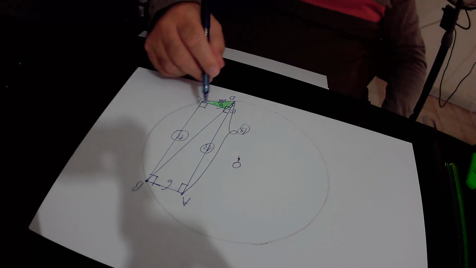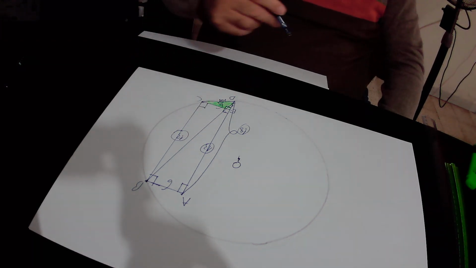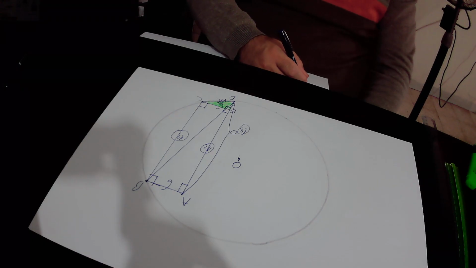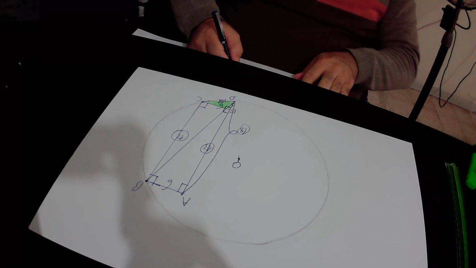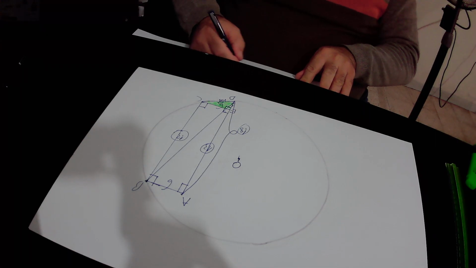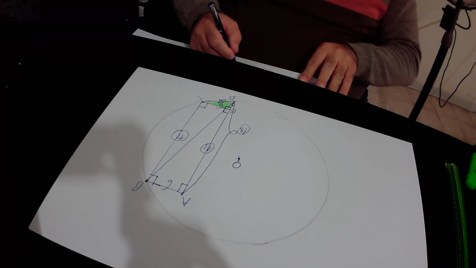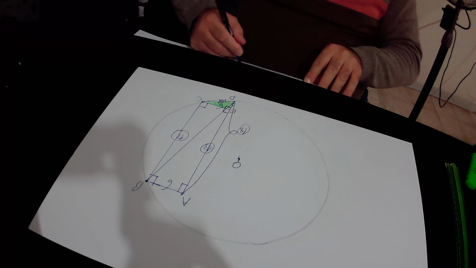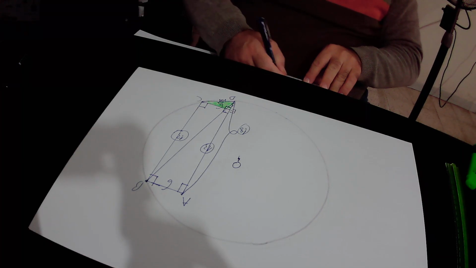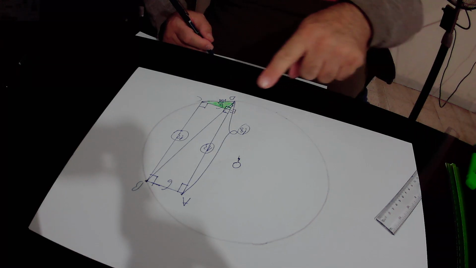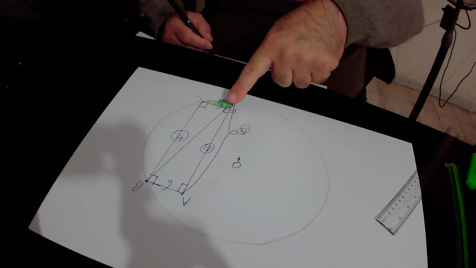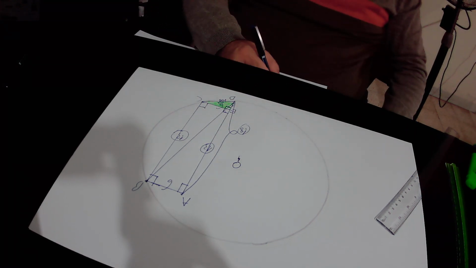The hypotenuse in the right triangle ABD is BD, therefore the square of the hypotenuse is BD squared. And it must be equal to the sum of the squares of the perpendiculars, that is to say, AB squared plus AD squared.